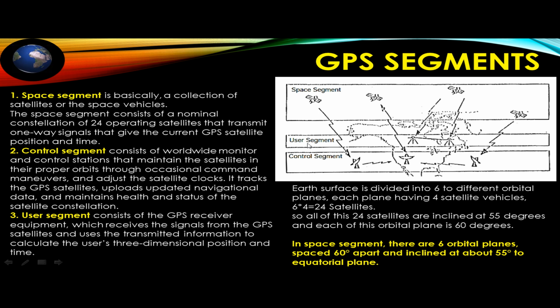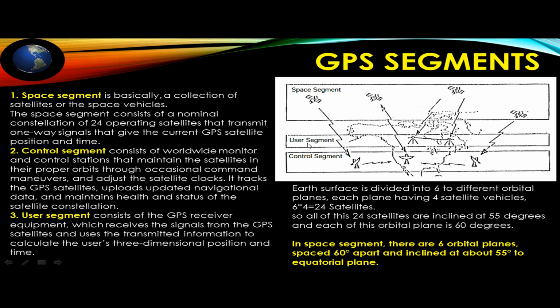It takes care of the space segment satellites and gives information to the user segment about how it is navigating, what the current situation is, how the health of the satellite is, whether it is working or not, whether it is moving or giving the information appropriately or not. So these are the workings of the control segment.